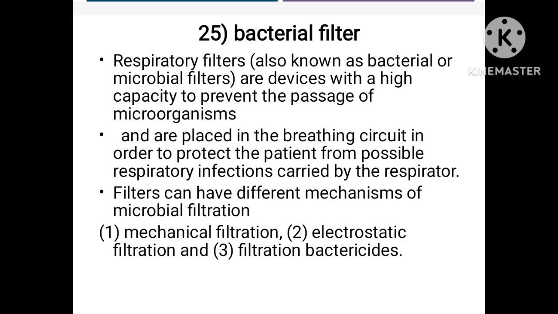Filters can have a different mechanism of microbial filtration. Number one, mechanical filtration, electrostatic filtration, and bactericidal filtration. These are the bacterial filters.